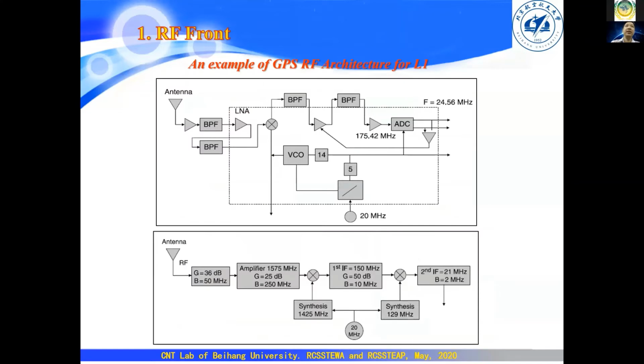Okay, so this is the RF front end. Here you will see the diagram of a receiver. Commonly, you get the antenna, and then you have the amplifier, the synthesizer, the mixers, and the filters.